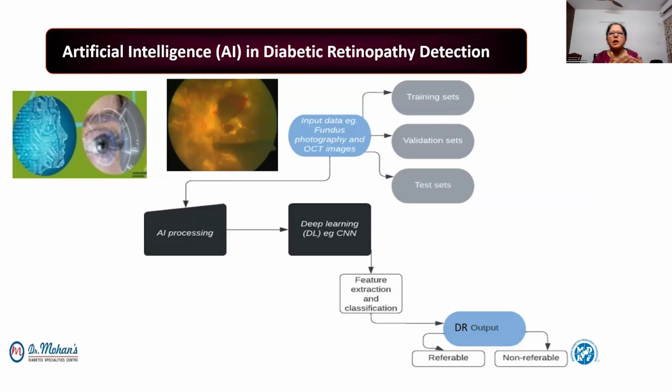The annotated images are first provided for training the algorithm. The algorithms are trained to first detect the grading of the severity of DR. Then an internal validation is done using the rest of the images. Then an external validation is done. And finally, the deep learning algorithms provide an output saying whether it is a referable diabetic retinopathy or a non-referable diabetic retinopathy. So that is the role of having an artificial intelligence algorithm.